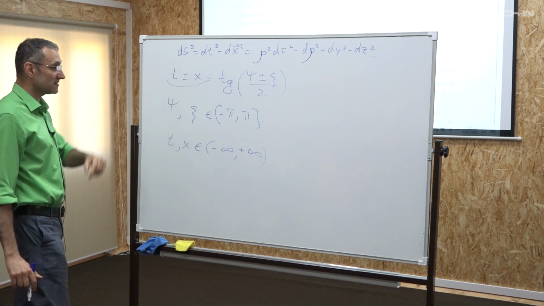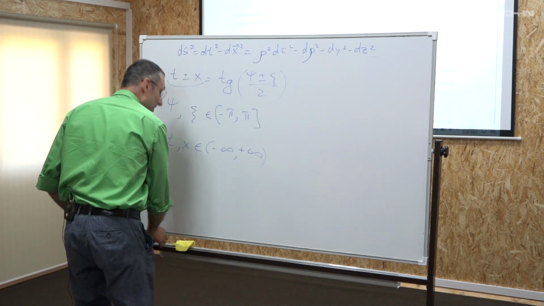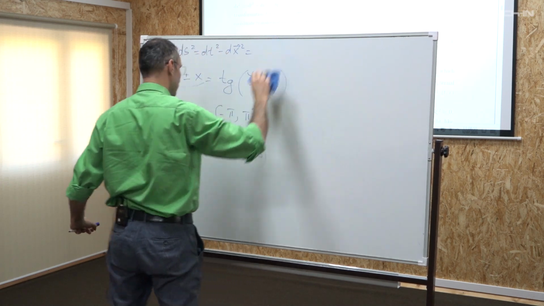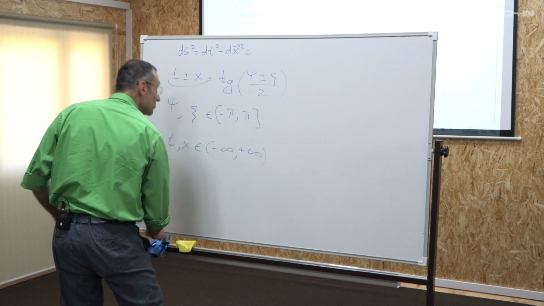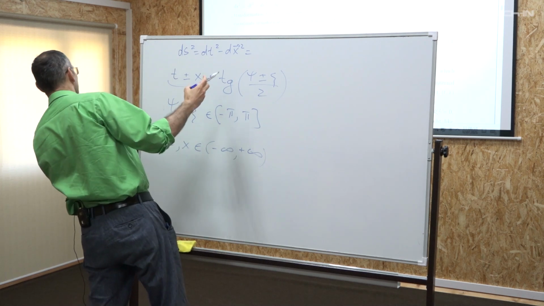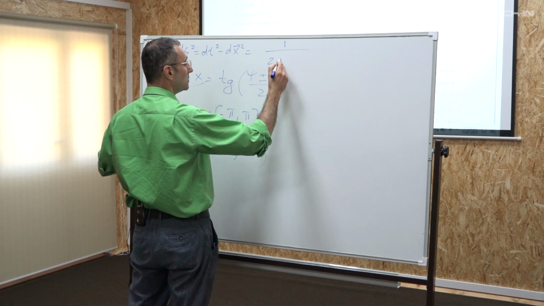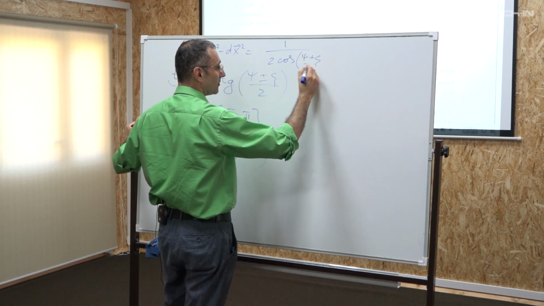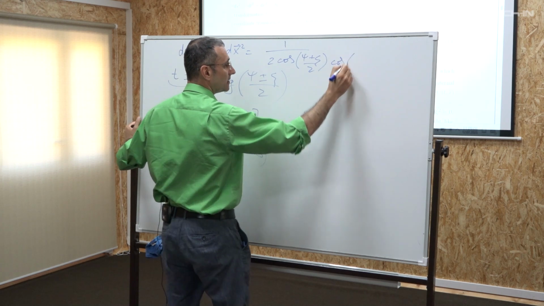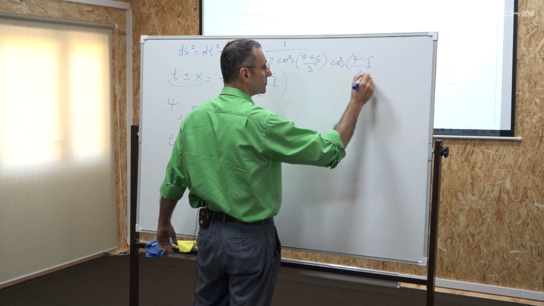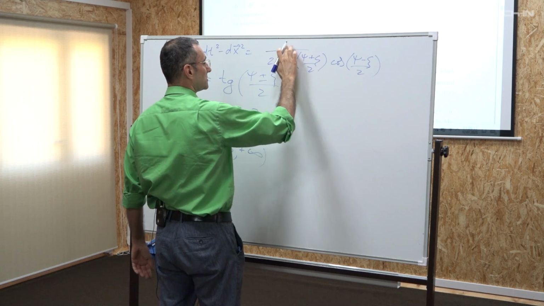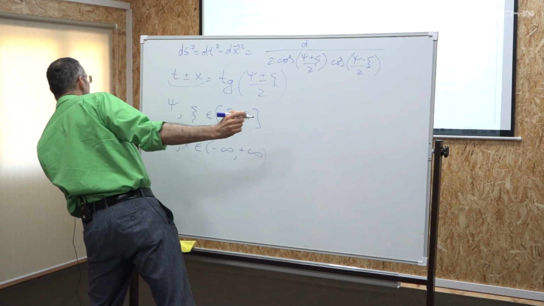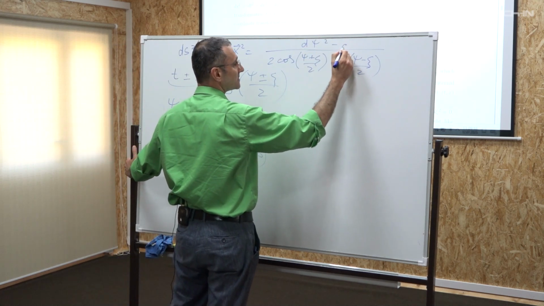If you perform such a transformation, your metric transforms into 1 over 2 cosine of (psi plus xi) over 2, cosine of (psi minus xi) over 2, and here is just d psi squared minus d xi squared.